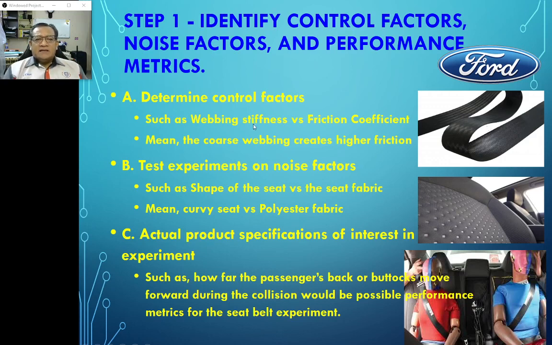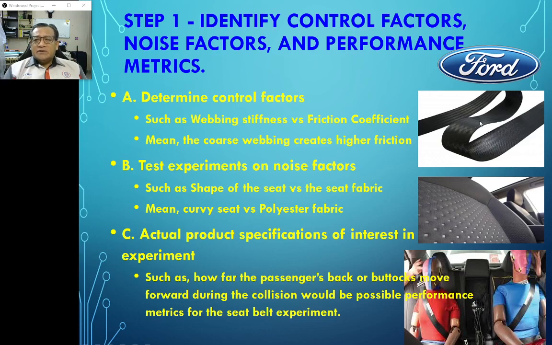And this factor, factor A, is being tested against a friction coefficient, right? So if the webbing pattern structure is coarse, a hard kind of webbing structure, it will give a higher friction coefficient because the surface is rough.